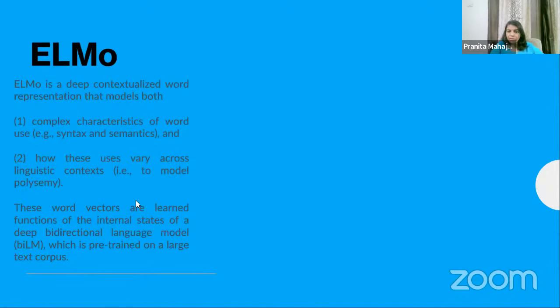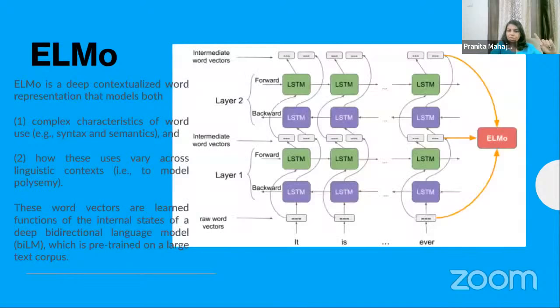So these word vectors are learned functions of the internal states of the deep bidirectional language models, which are pre-trained on a large text corpus. You can see it here. It's bidirectional, so these are long short-term memory models. It learns in both directions, forward and backward.